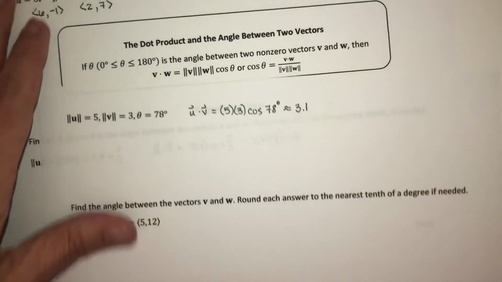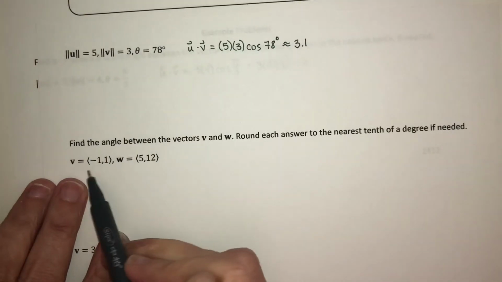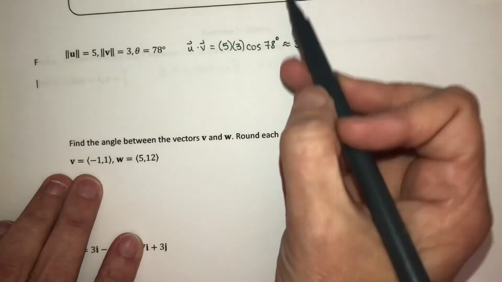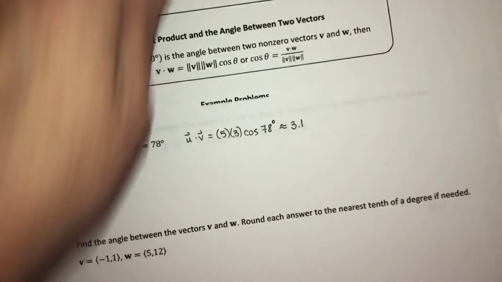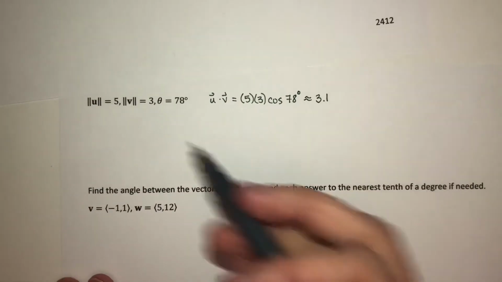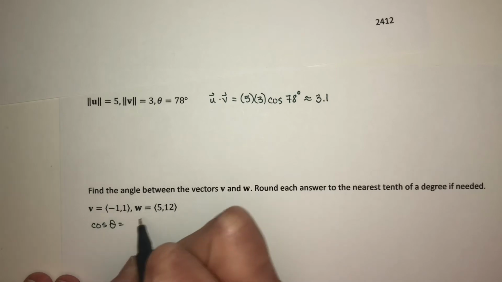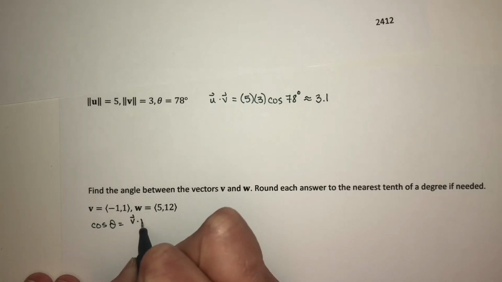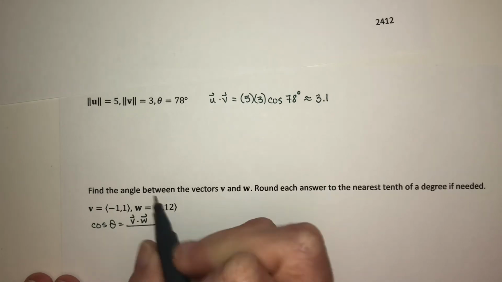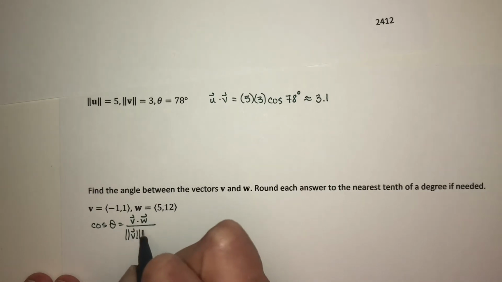Now let's find the angle between two given vectors. And in this case, I'm going to be using the alternate version of the formula, which was cosine of theta is equal to v dot w over the magnitude of v times the magnitude of w.